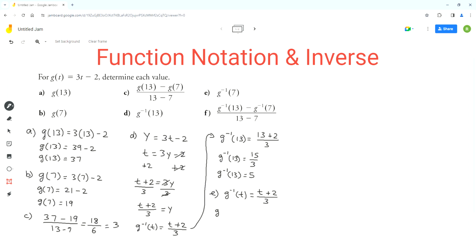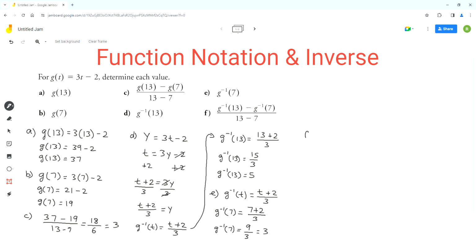So we get the inverse of g at 7 equals 7 plus 2 over 3. Now we should add the numbers in the numerator. So the inverse of g at 7 equals 9 over 3, which is equal to just 3. So this should be the final answer for part E.